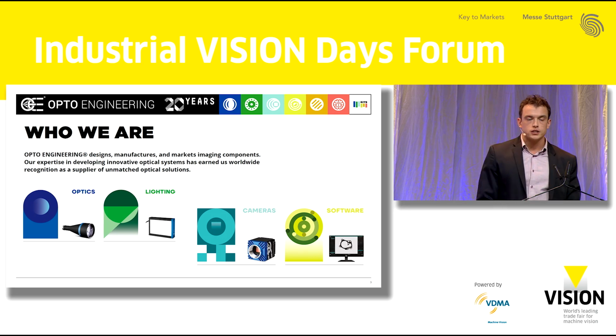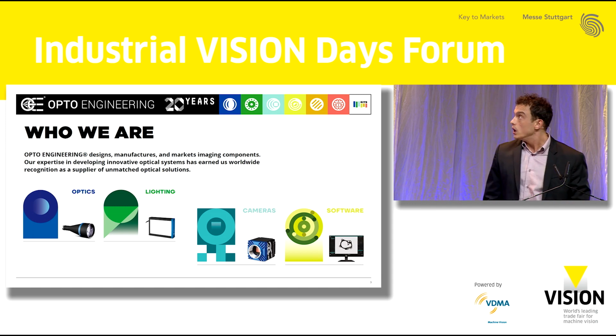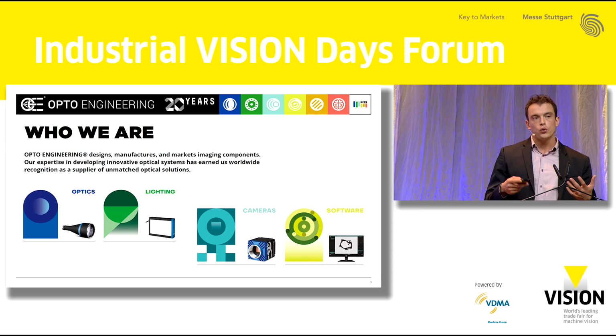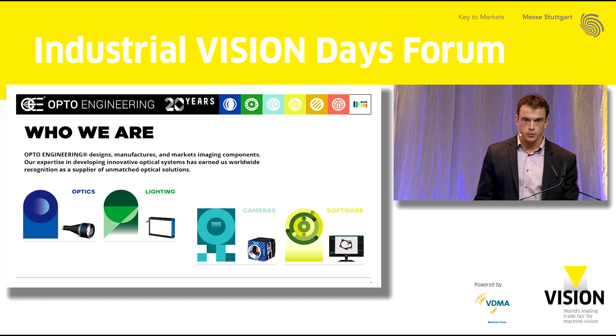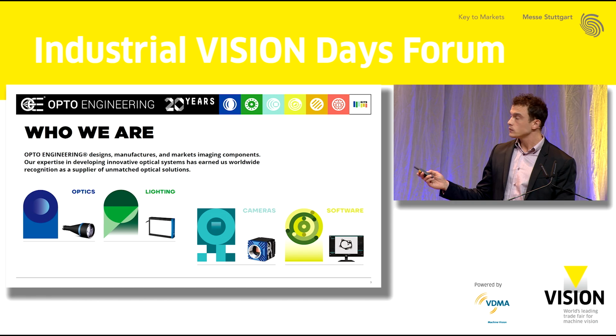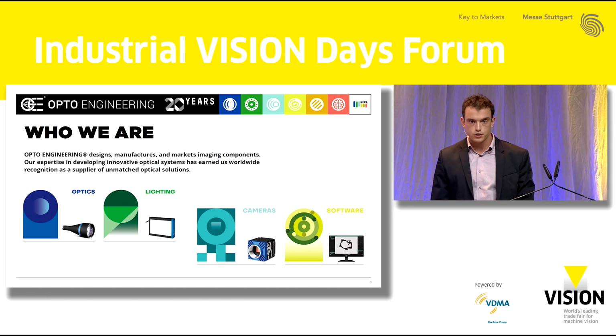But over the years we expanded our knowledge, know-how and product range, including also all the other main types of machine vision components. So lighting, including LED illuminators and pattern projectors as well.